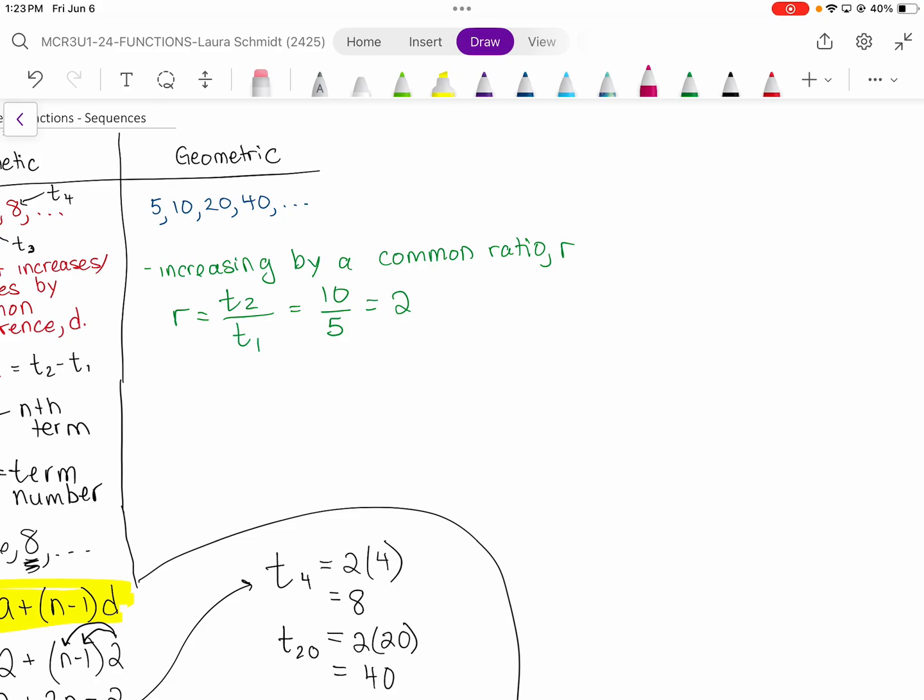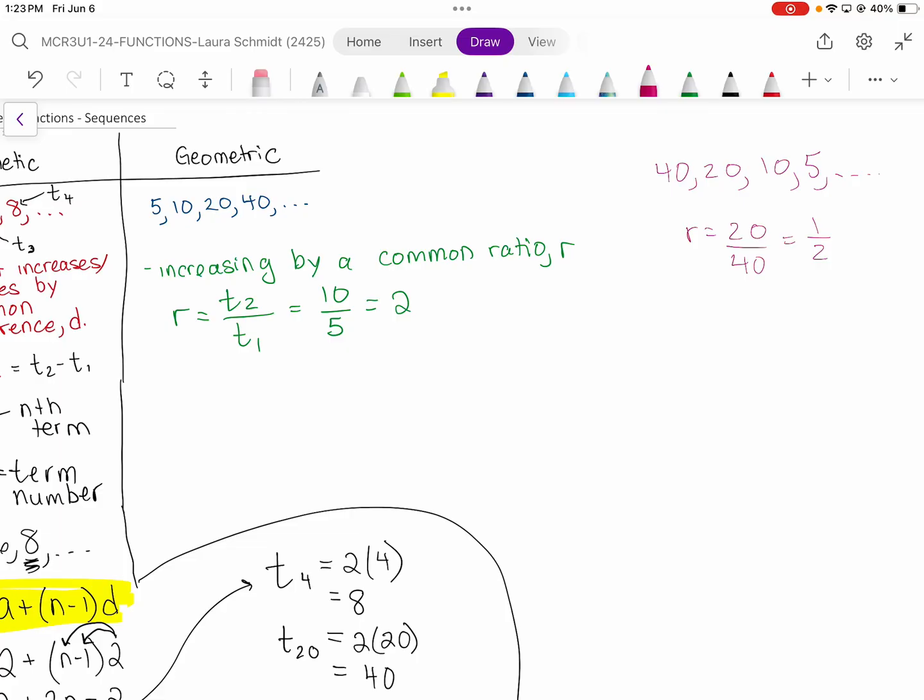Yeah, 1/2. So if it was going 40, 20, 10, 5, going the opposite way, your common ratio would just be 20 divided by 40, which is just a half.